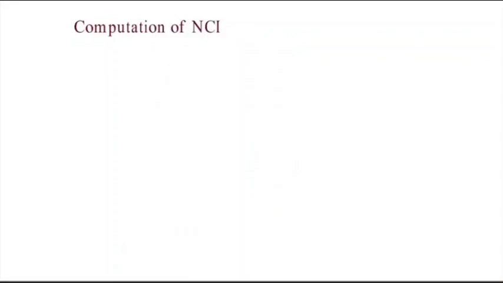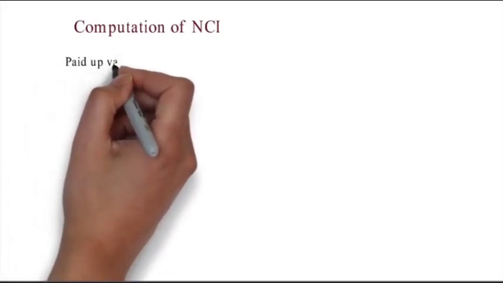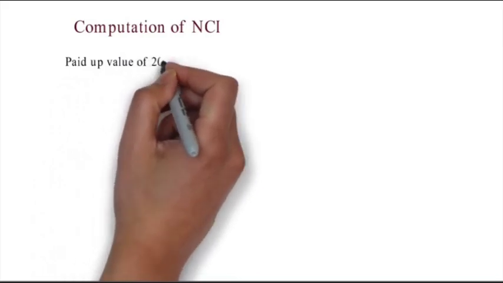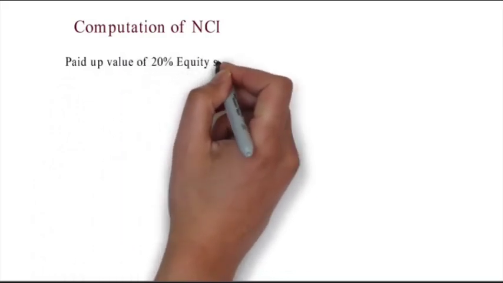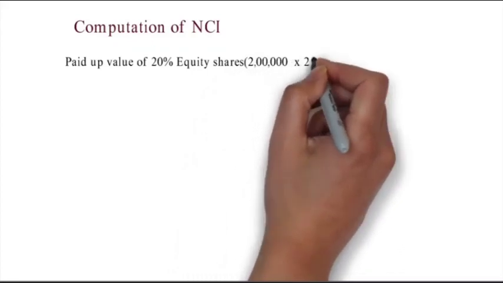Non-controlling interest is the interest held by outsiders in the subsidiary company. Paid up value of 20% equity shares. We know 80% equity shares are held by holding company and 20% equity shares are held by outsiders. So paid up value of 20% equity shares, 2 lakh into 20%, that comes to 40,000.